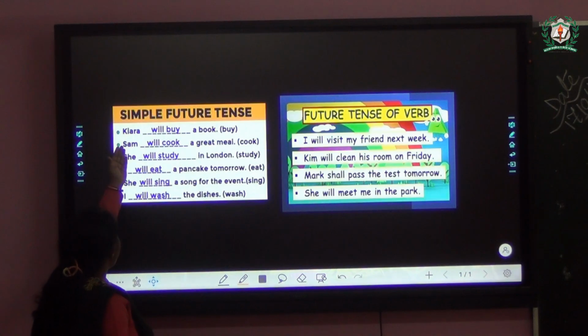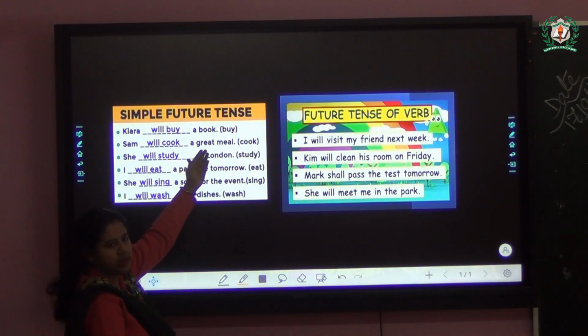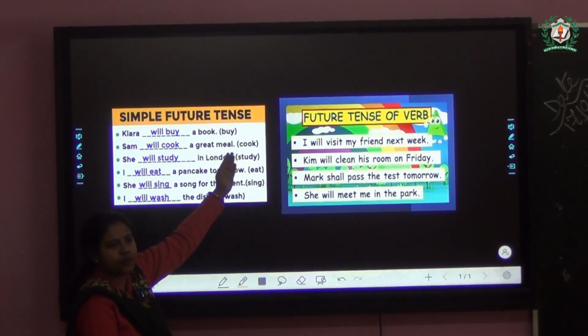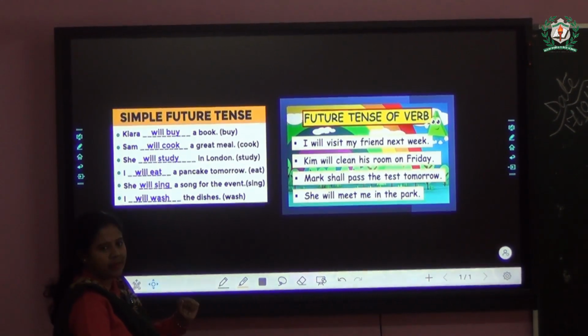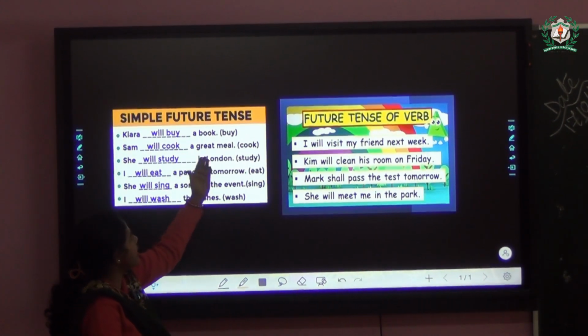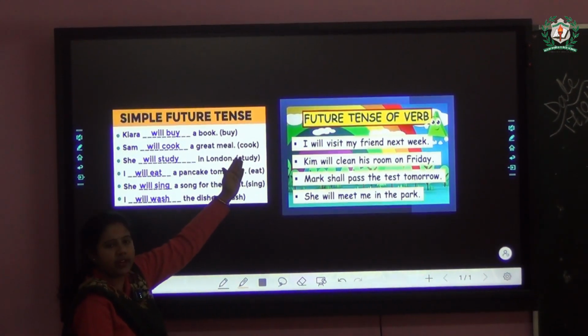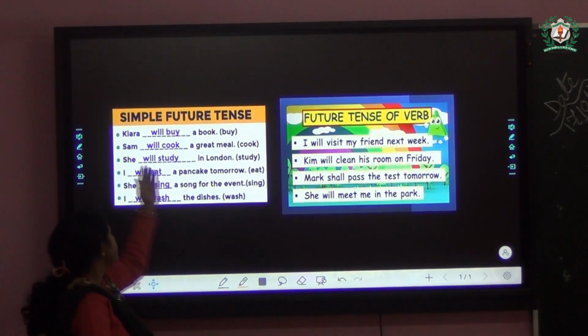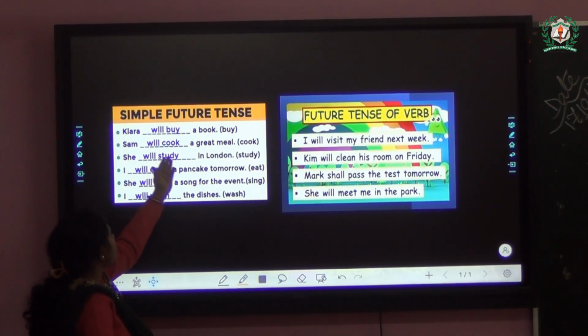So the first one, Kiara dash a book. If the main verb is buy, in future tense you have to write will buy. If Sam dash a great meal, if the verb is cook here, for the future tense you have to add will to it. So it will become will cook.